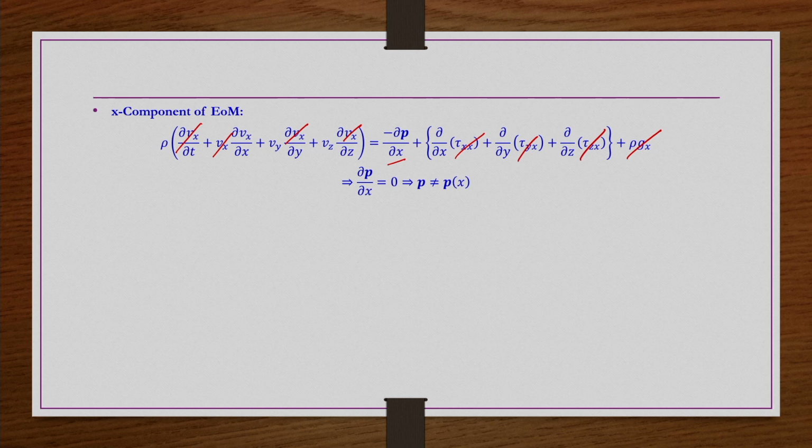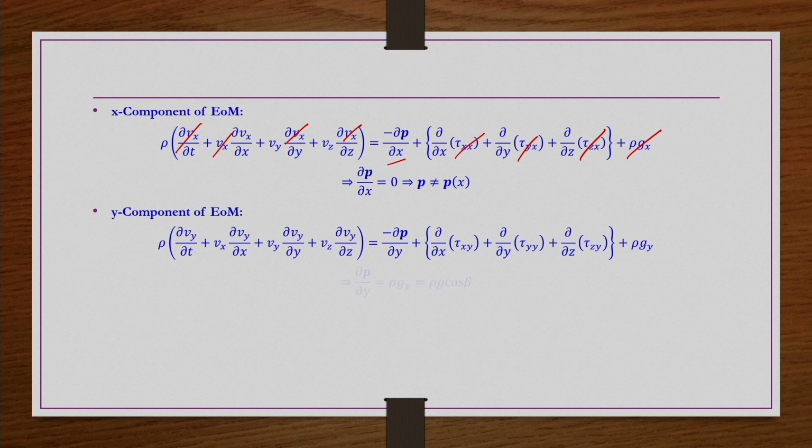Similarly, if you simplify the y component of the momentum equation, at steady state this term is 0, and Vx is 0, Vy is 0, Vz is not 0, but Vy is 0. So that is 0. Pressure we do not know anything. Only tau yz is existing, tau xy and tau yy are not existing.